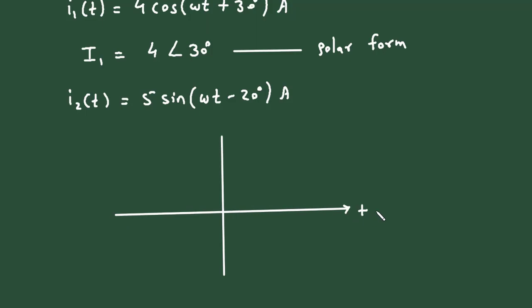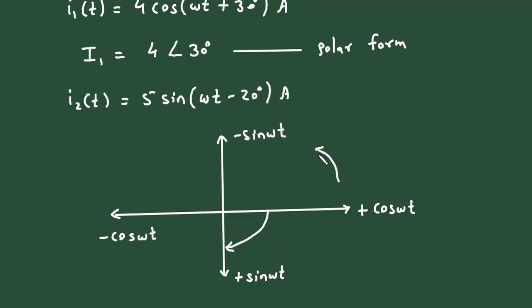Here this is plus cos omega t and this is minus cos omega t. This is plus sin omega t and this is minus sin omega t. We have to convert plus sin omega t into cos omega t. So we are going from here to here like this, and the direction of rotation of phasor is this.